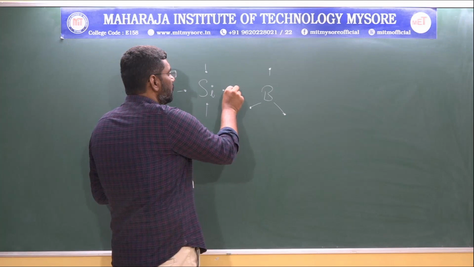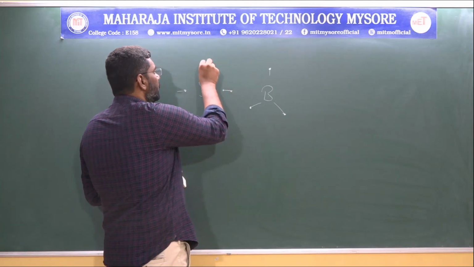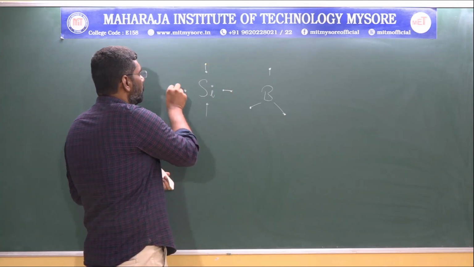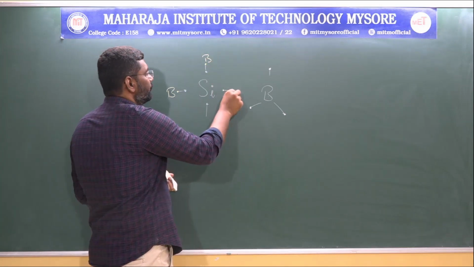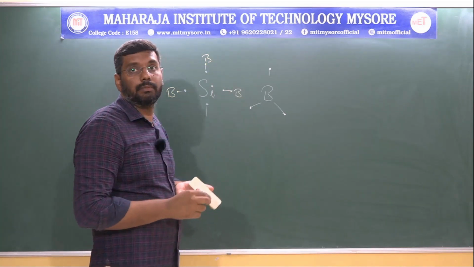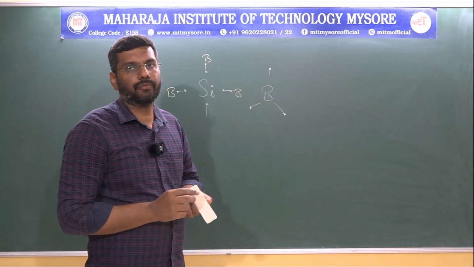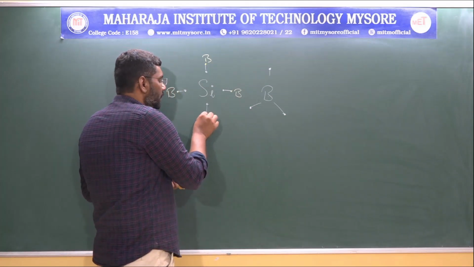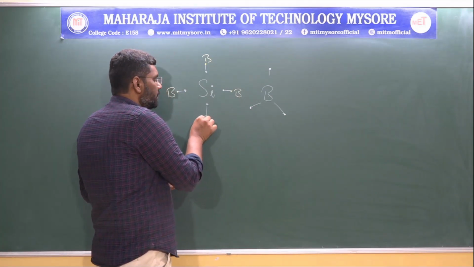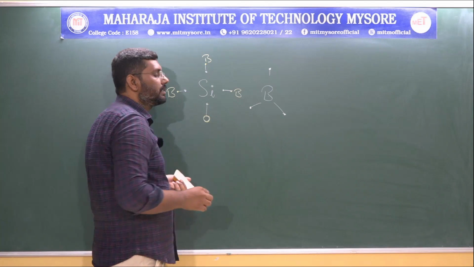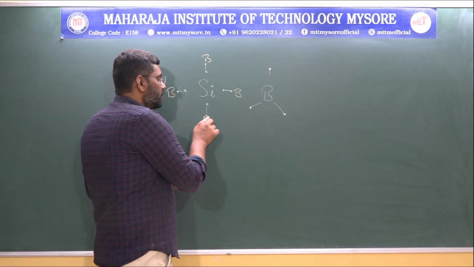What happens? When boron is combined with silicon, it leads to the formation of 3 covalent bonds with the sharing of electrons, whereas for the one remaining electron of tetravalent silicon, there is a hole created.